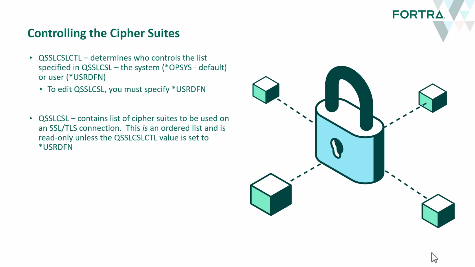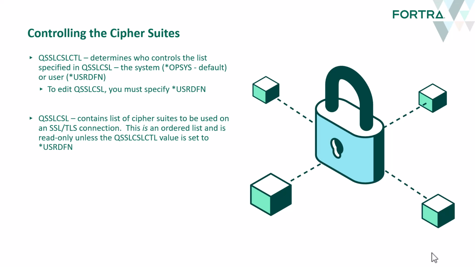Now, the cipher suites have two options that control them in the system values. You've got the list control, which says whether it's being set by the system or it's user-defined, where you have either reordered the ciphers that are in the list or you've added additional ciphers. And then the cipher list itself.